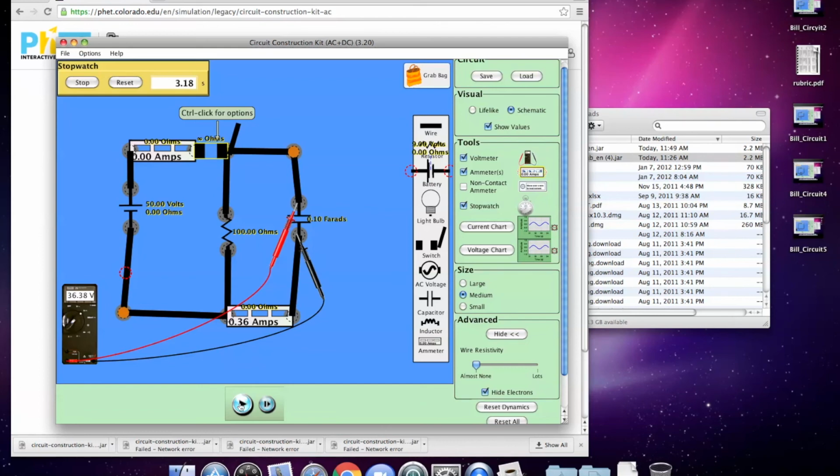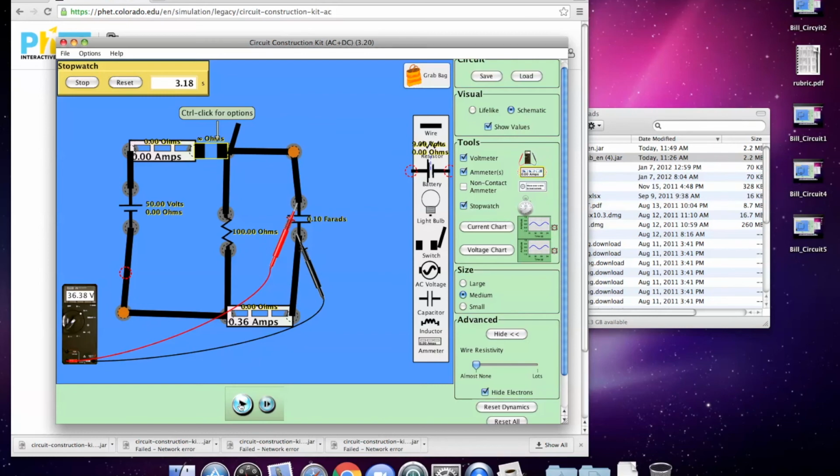Initially at time 0, the capacitor had 50 volts of charge. And if you noticed initially when I pushed the button, there was a 0.5 amp current flowing out of that capacitor.